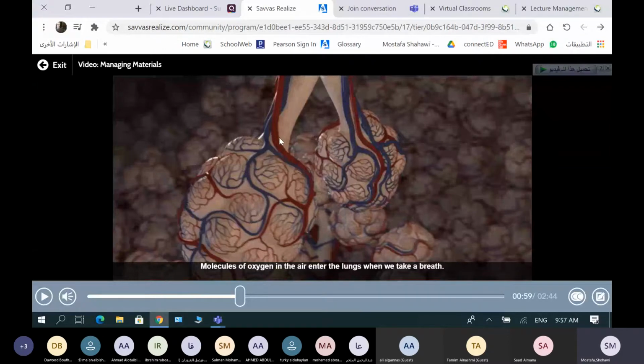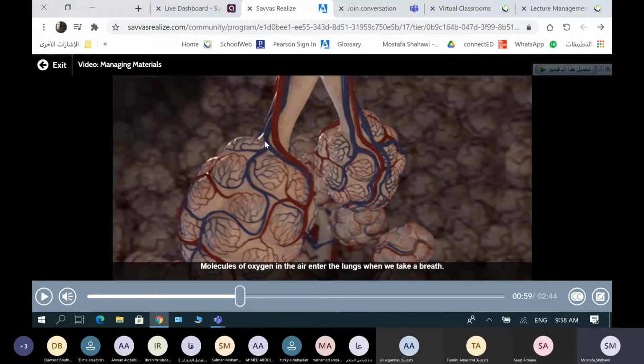The red one is called oxygenated blood. It's rich in oxygen. It takes in oxygen. And the blue one is rich in carbon dioxide. So the blood rich in carbon dioxide will give carbon dioxide to the inside of the alveoli, and this blood, which is red, will take oxygen. After taking oxygen, the blood turns red.